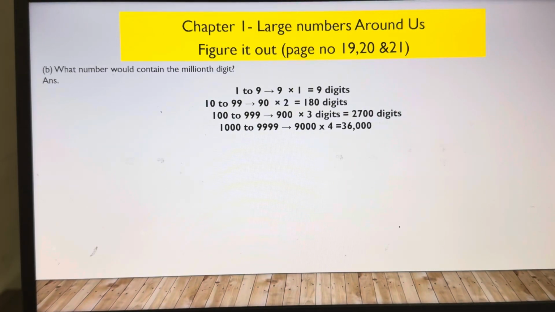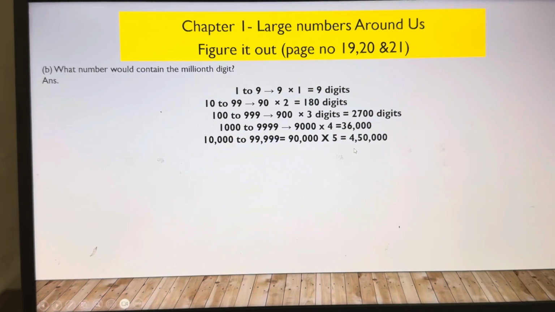Then 1000 to 9999, there are 9000 numbers. We multiply by 4 because each number contributes 4 digits, so we get 36,000. Now 10,000 to 99,999, there will be 90,000 numbers, which we multiply by 5. So we get 4,50,000 digits.